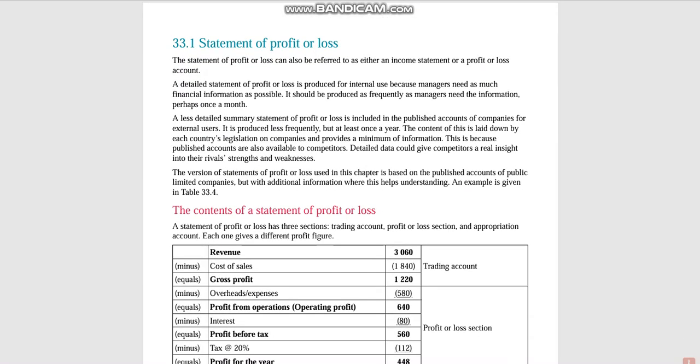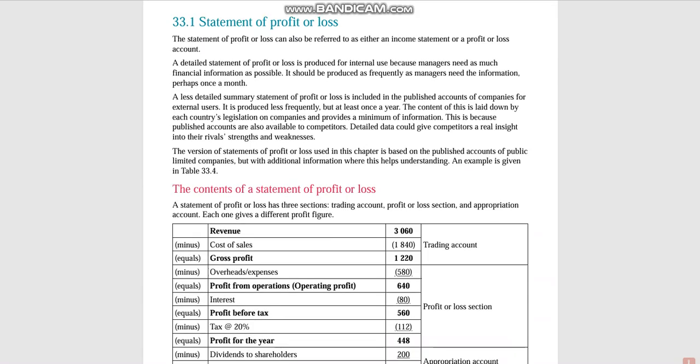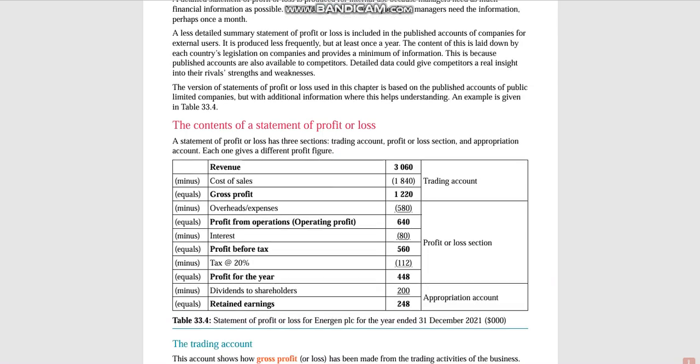So first, we're dealing with statement of profit or loss. So the contents of a statement of profit or loss are as such. We've divided them into three parts: the trading account, profit or loss section, and the appropriation account. So in the trading account, we have the main idea, like the total whole everything, right? So you have revenue, cost of sales, and gross profit.